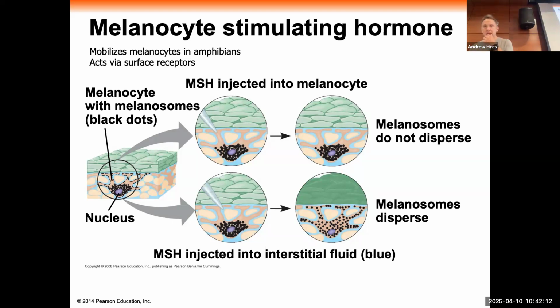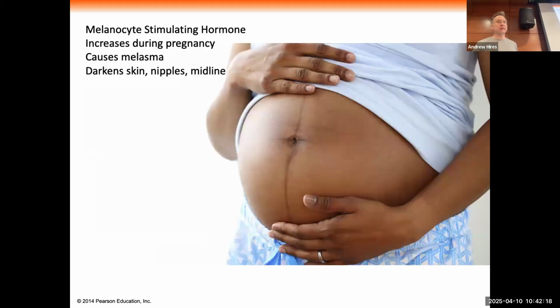Okay, so MSH levels go up during pregnancy, and this can lead to melasma, which is a darkening of the skin. Typically that happens on the nipples, on the skin, sometimes on the face in blotches. And really interestingly, it can happen at the midline of the body. You get a dark line down the body, which is the point of fusion between the two halves of your body.